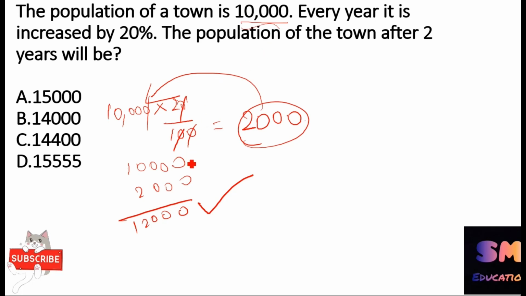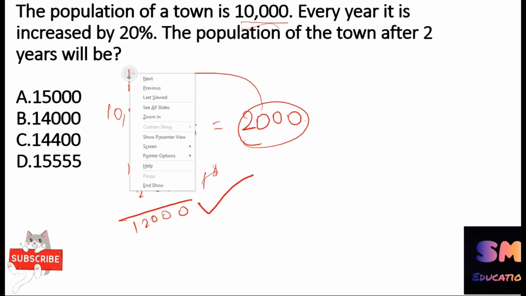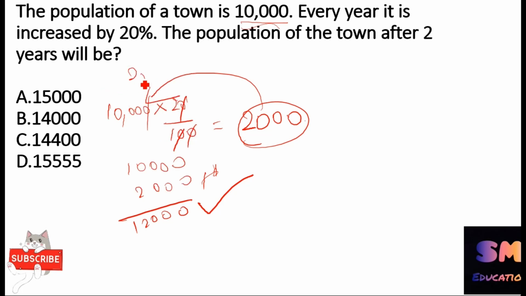So this is the first year. Suppose let's take this as the present population. This is first year population. First year population is 12,000. Now we need to calculate the population of the town after 2 years. So again we need to increment this one with 20%.